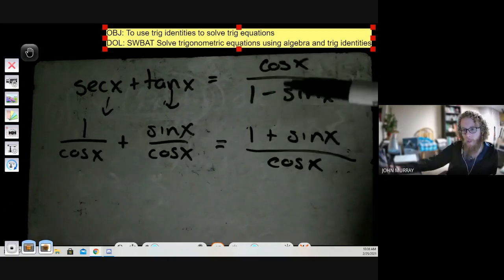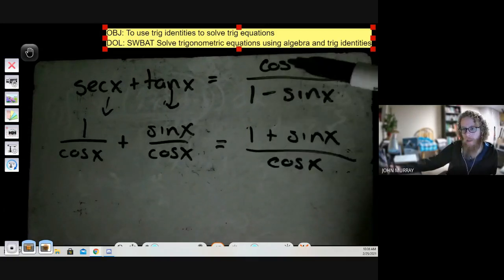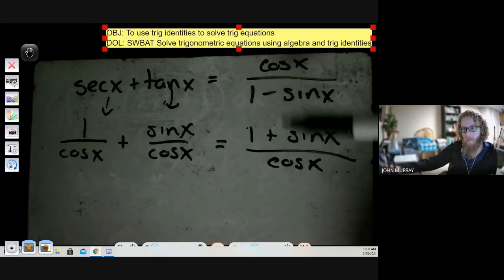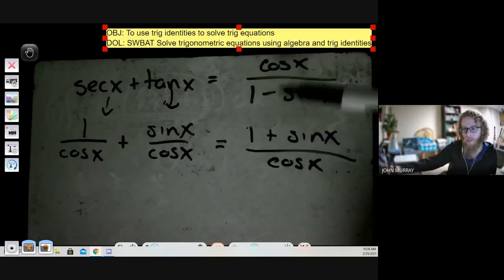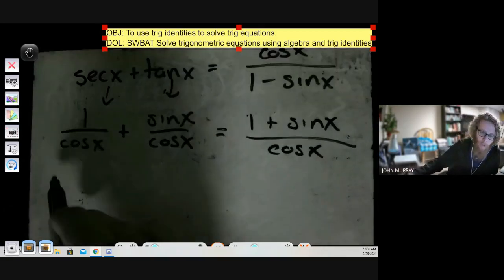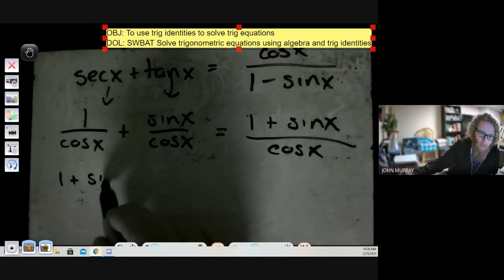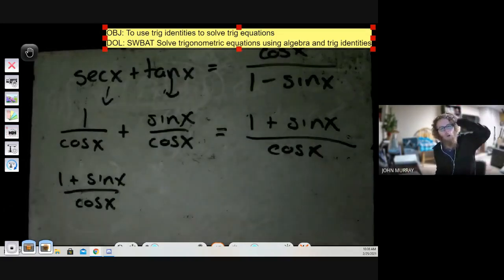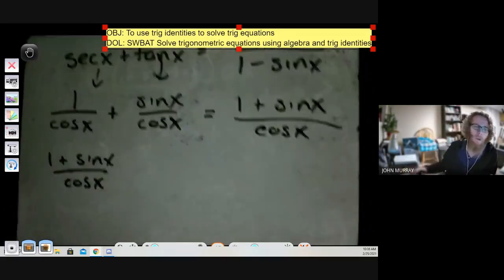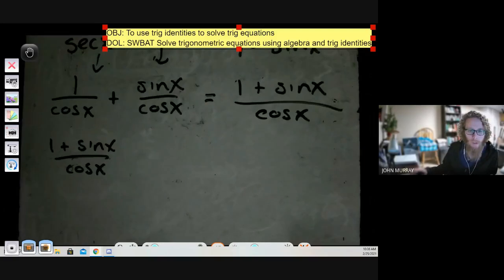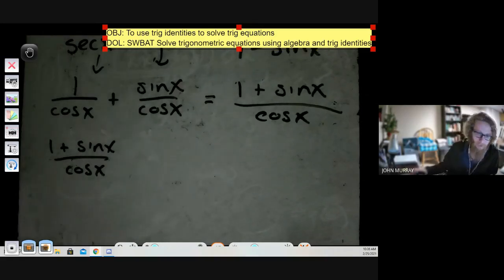Right, so now it looks like I got things going on here that look similar, right? But I need the cosine to be in the numerator, and I need to change the sign there. So I'm just going to rewrite it down here so I have some room. I want this to look like this up here. So one of the methods we can use when we see something like this is to use the conjugate like we did yesterday.